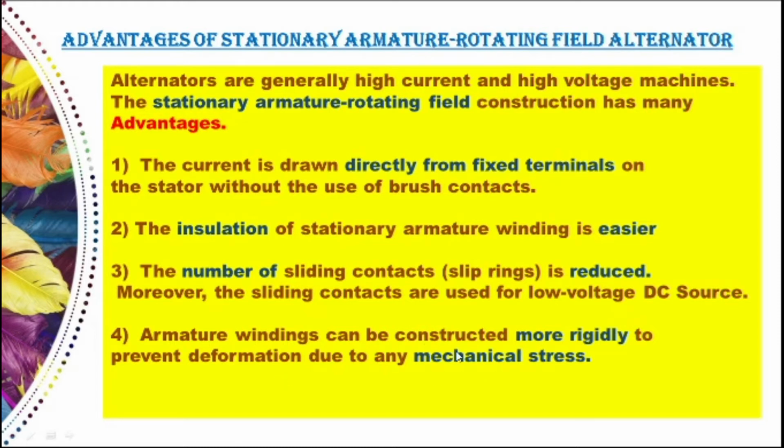These armature windings can be constructed more rigidly, very strongly, to prevent deformation due to any mechanical stress. Moreover, this stationary armature rotating field type, as I already told, is one of the high voltage machines.